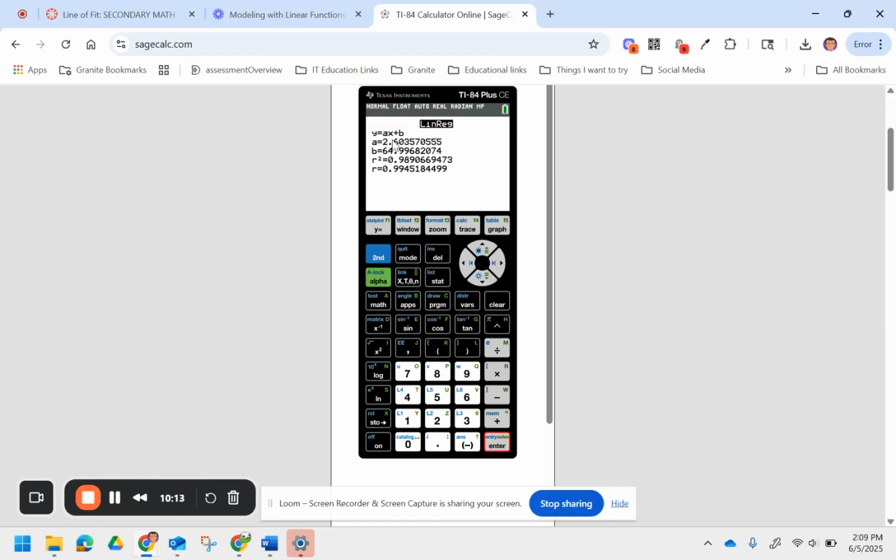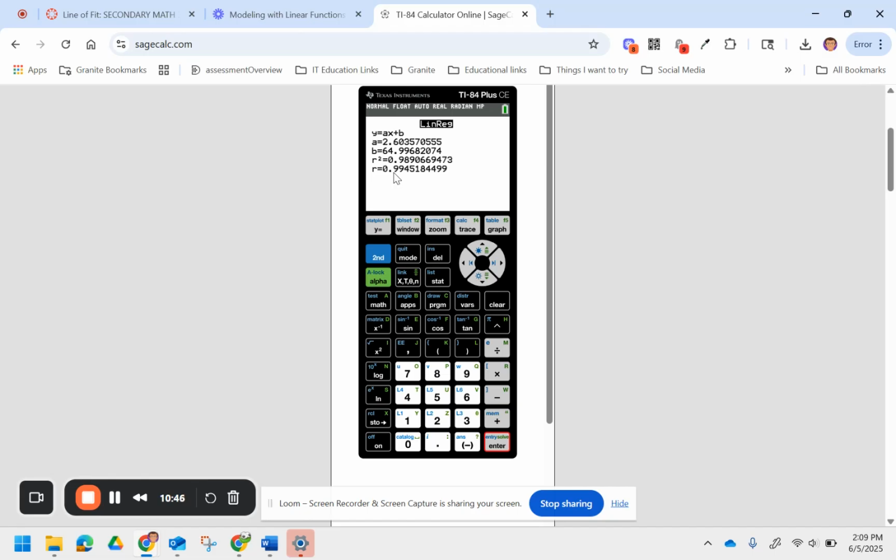Okay, so it has given me this equation. It's telling me that my slope a is 2.6, the y-intercept b is 64.99. The next thing I want to pay attention to is the r value. So this one right here, this is why we turned on diagnostics. The closer this number is to either a positive one or a negative one, so it only goes from negative one to positive one.